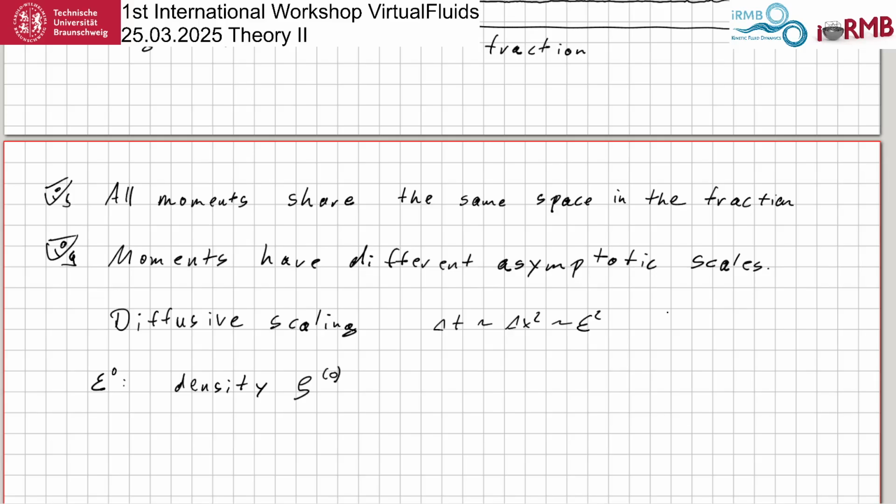And this is the zero order. So we write the asymptotic order to which something appears in the equivalent partial differential equation when you do the complete analysis.